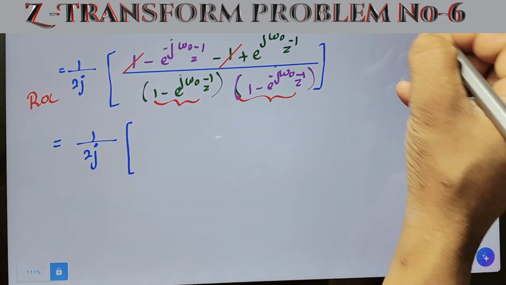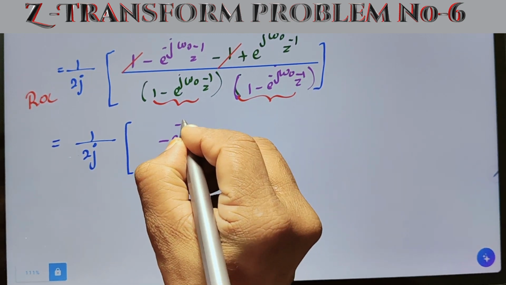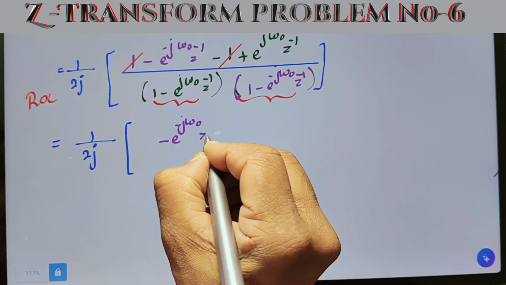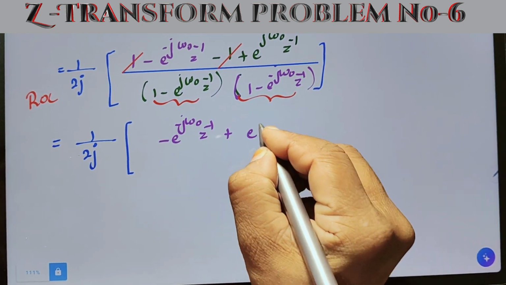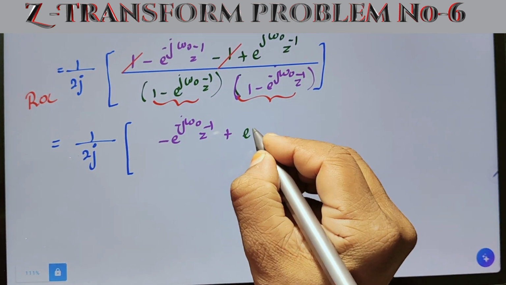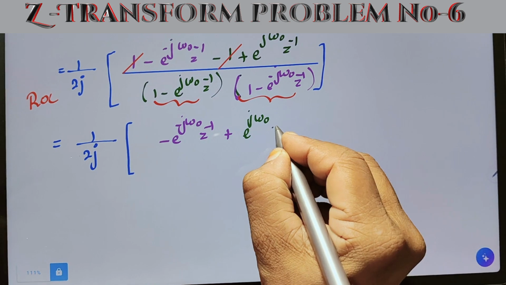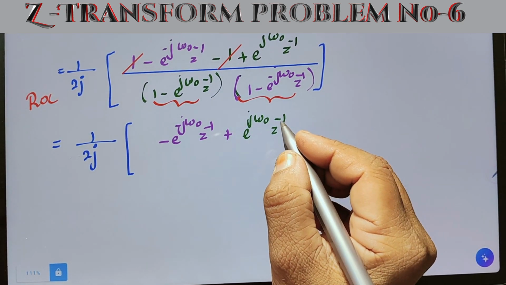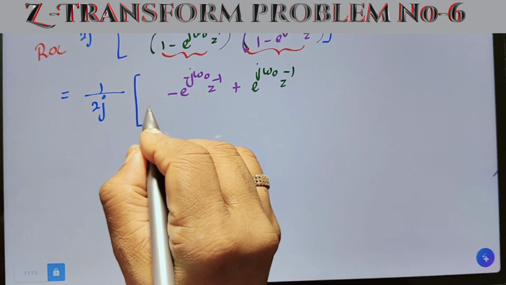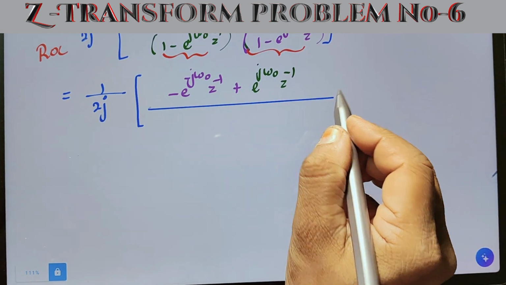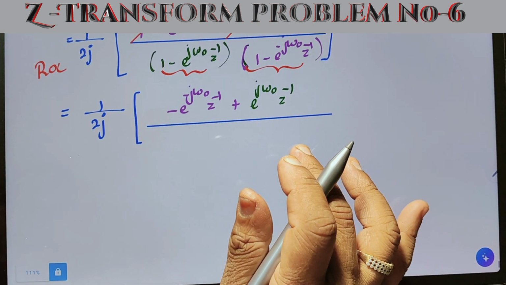Next, write the remaining term: minus e power minus j omega naught into z power minus 1, next plus e power plus j omega naught into z power minus 1, the whole divided by, here likewise multiply each and every term.